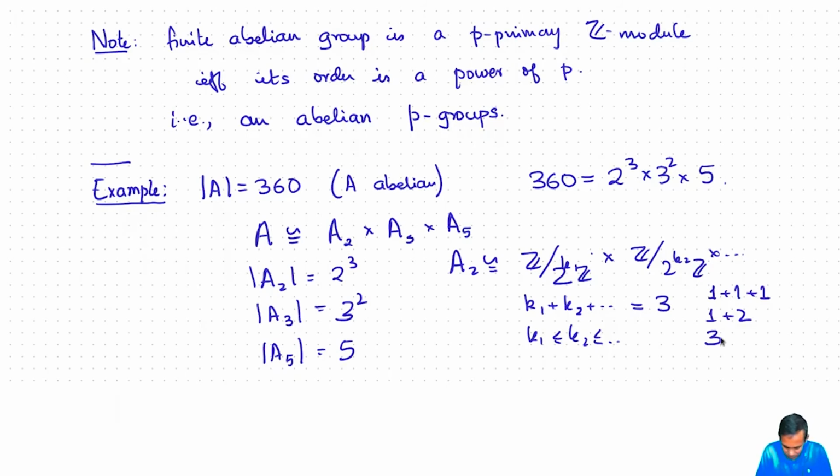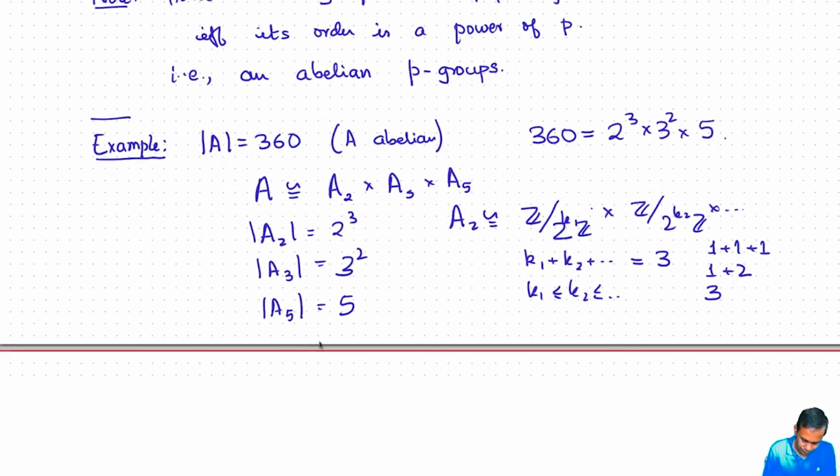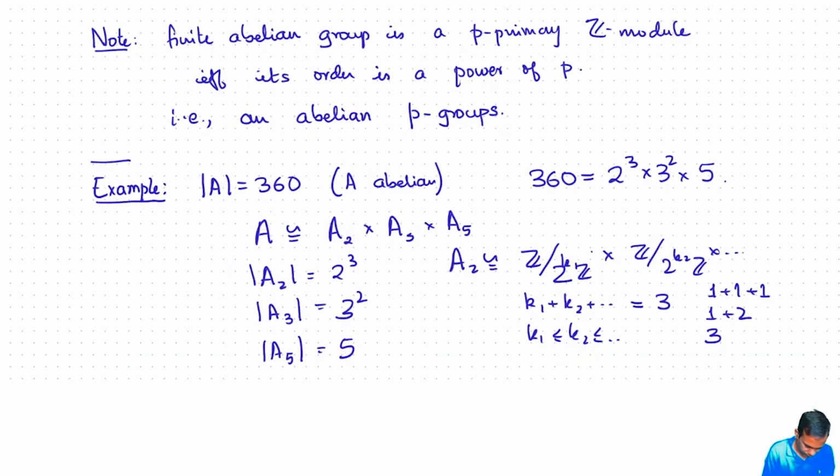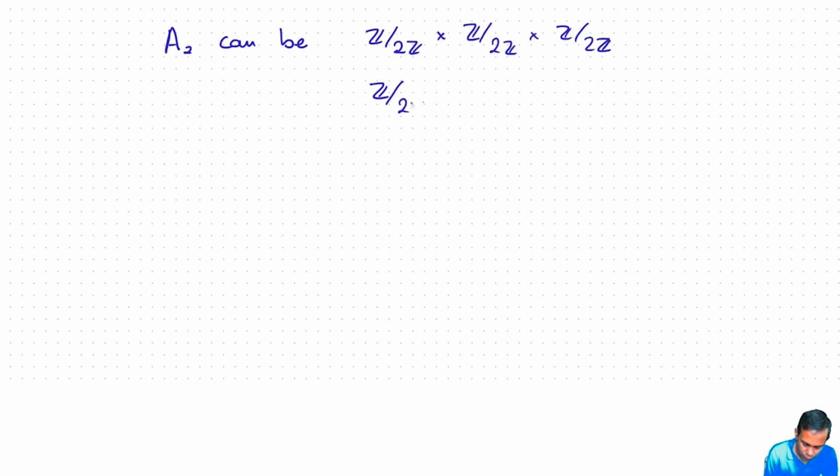So there are 3 possibilities for A2, namely it can be Z mod 2Z cross Z mod 2Z cross Z mod 2Z, or Z mod 2Z cross Z mod 4Z, or Z mod 8Z.